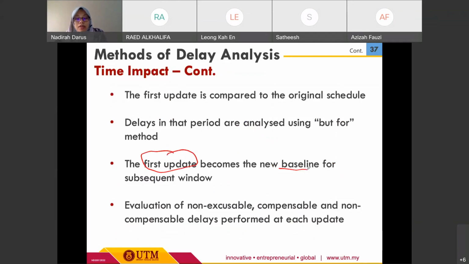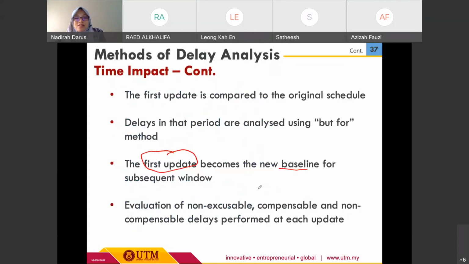So it will be continuous. Okay. The subsequent one will replace the previous one. Okay. Evaluation of non-excusable, compensable, and non-compensable delays is performed at each update. Okay, so meaning that the evaluation is tied to the updates of the windows or the work program.